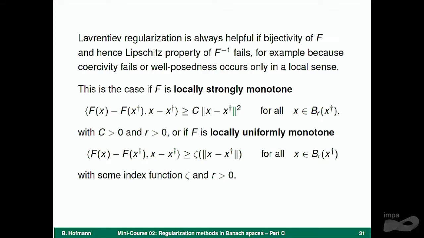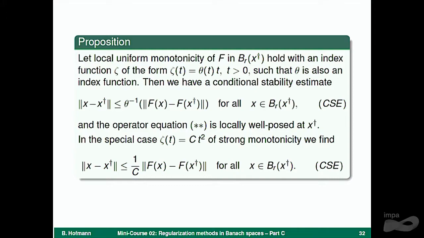But here this is local. So in principle you have the same effect as in conditional stability: you have such things only in a local way. This local uniform or local strong monotonicity works only in such a ball, and you need approximate solutions which come to the ball.